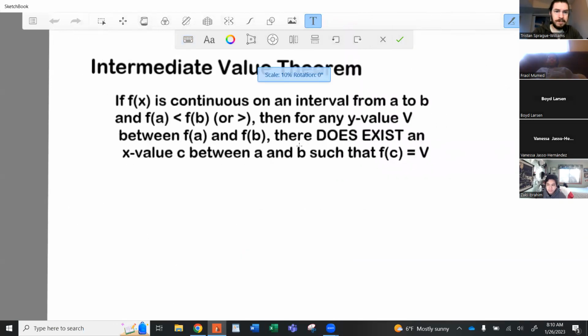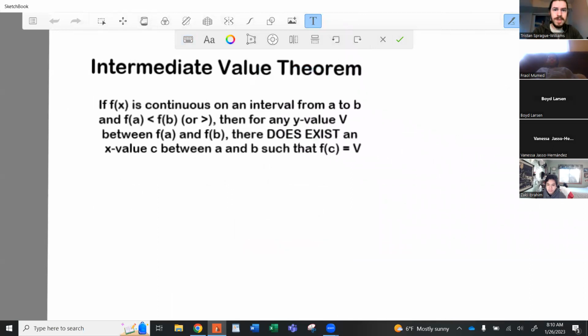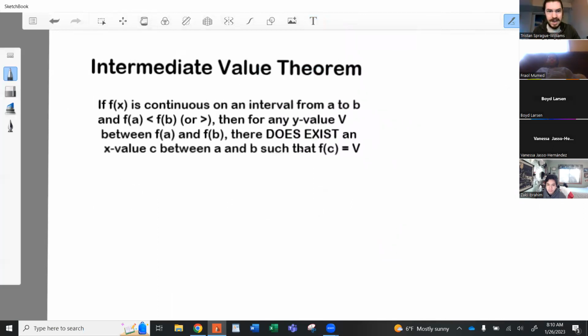All right, let's read that again and parse what it means. First of all, one of the key assumptions here is that the function is continuous. That is very important.